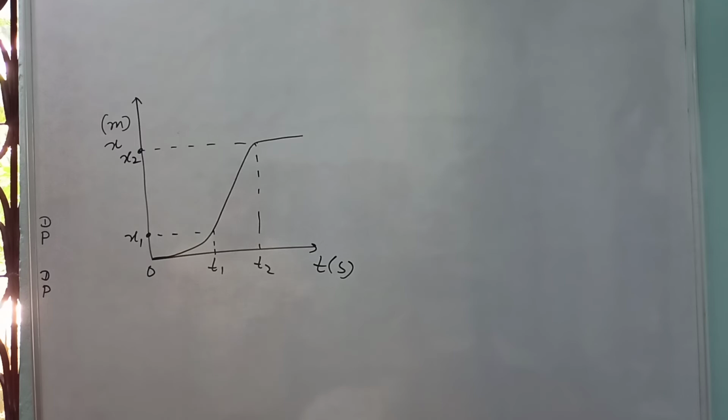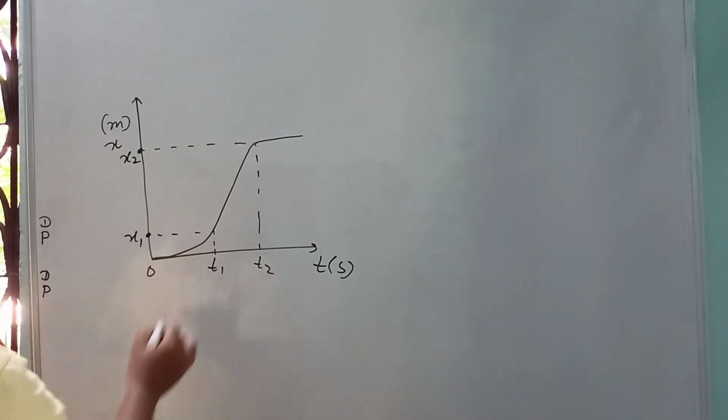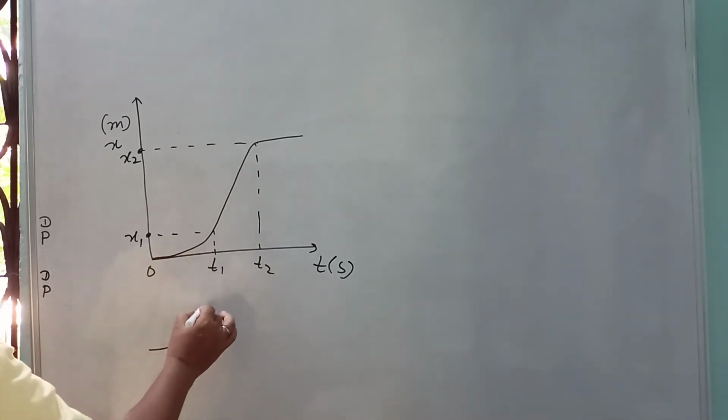What is the significance of this graph? From the origin to T1, the position is increasing, but not at a constant rate. Here, unequal distances are covered in equal intervals of time up to T1. That's why the graph is like this.